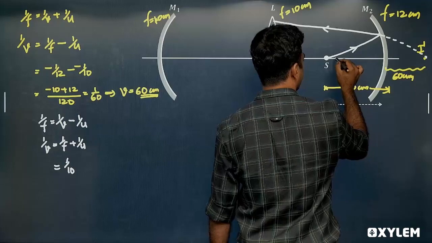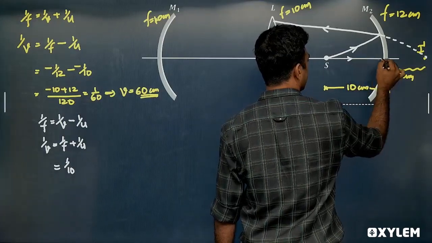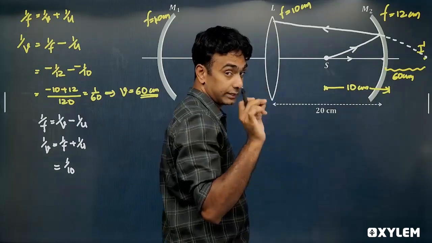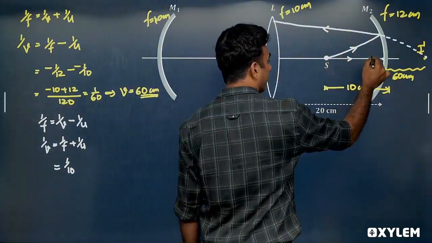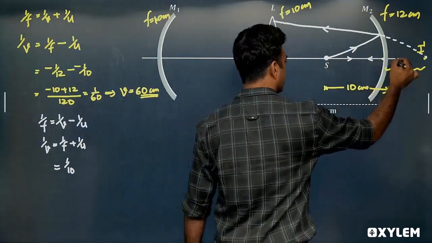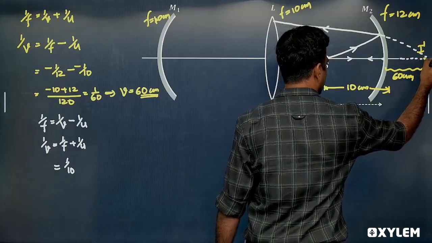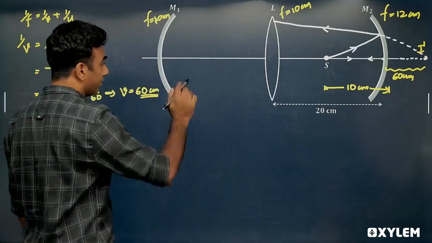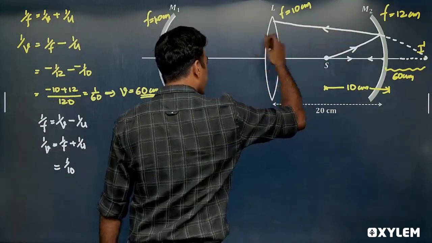Here also light comes and is incident with the angle of incidence 0 degree, that is, incident normally, and it will retrace the path. By extending both, they will coincide at the point I dash. That means the light rays are coming from there.